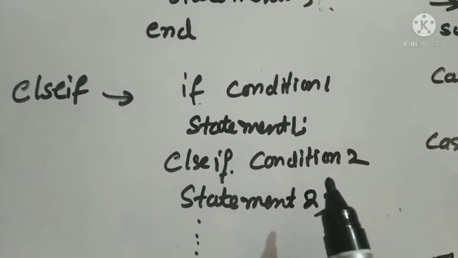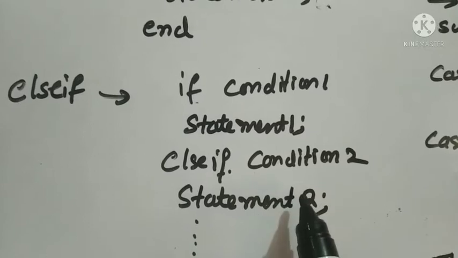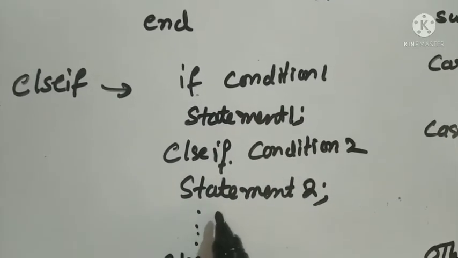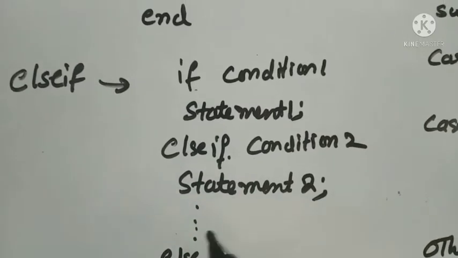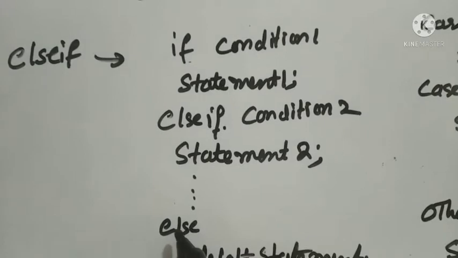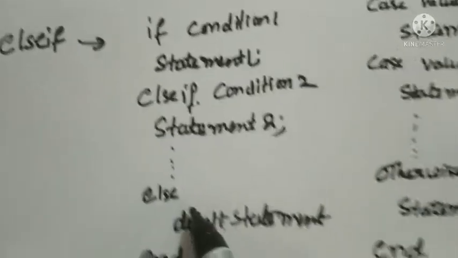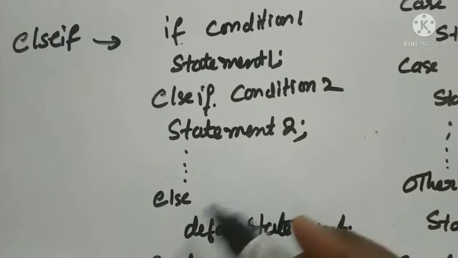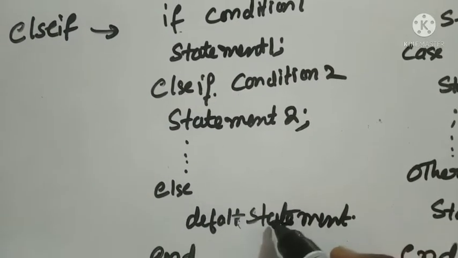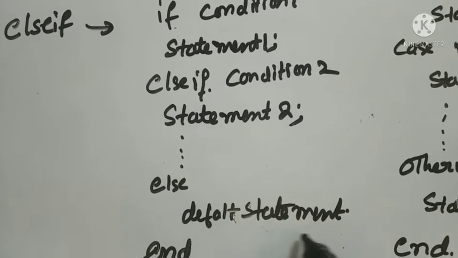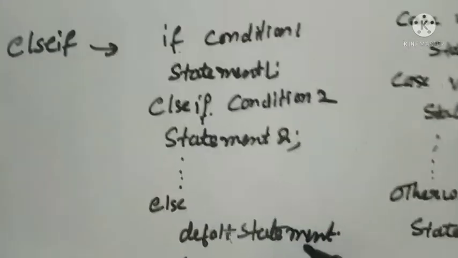If the second condition is satisfied, then the second statement will be executed. Else it will go for the next condition. If the next condition is satisfied, then the third statement will be executed. Like that, at the end we have to use else with a default statement, meaning if no condition is satisfied, then which statement has to be executed should be written here, with an end statement.